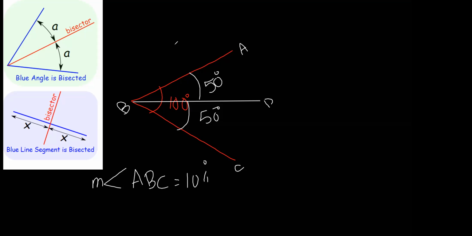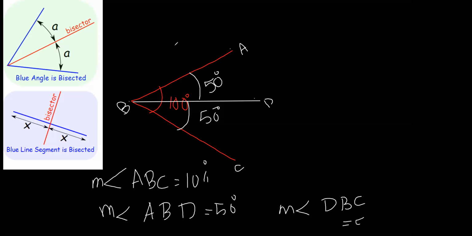And since BD is a bisector, the angle will be bisected. So the measure of angle ABD will be 50, and the measure of angle DBC will be 50.